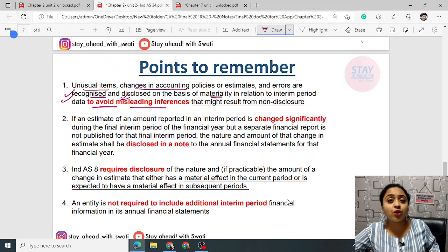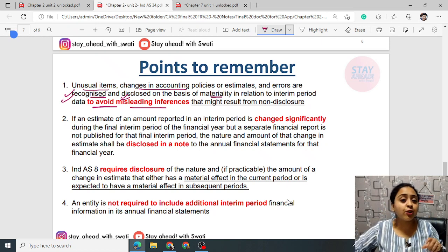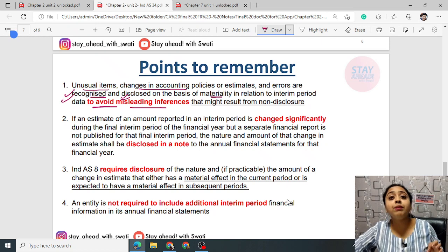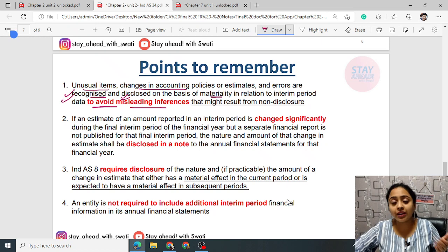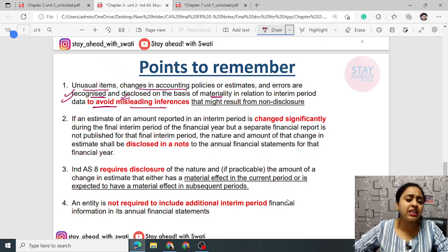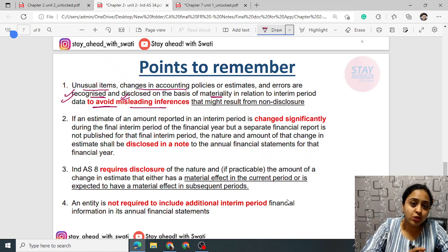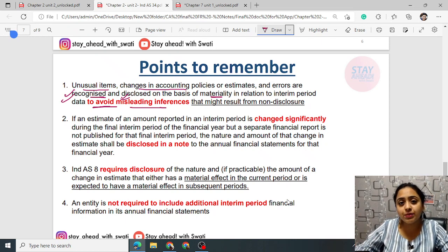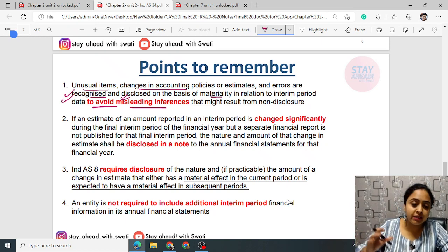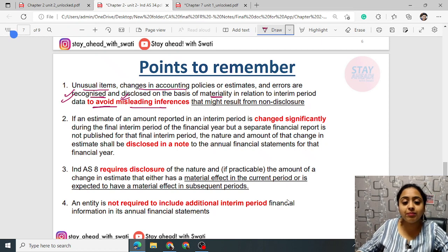If the user is not knowing about this particular material information, will its economic decision be impacted? Yes, it might be impacted. He might overbuy or less buy or whatever the decision it has to take. So if disclosure or non-disclosure of any information can influence any user's decision, then it is known to be material. It should not be misleading inferences that might result from non-disclosure.